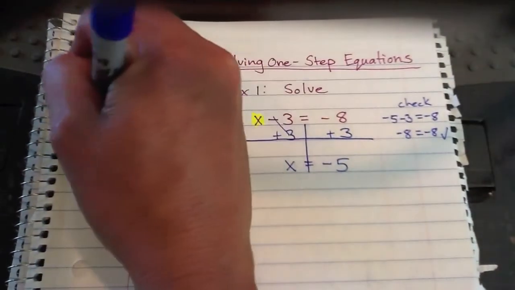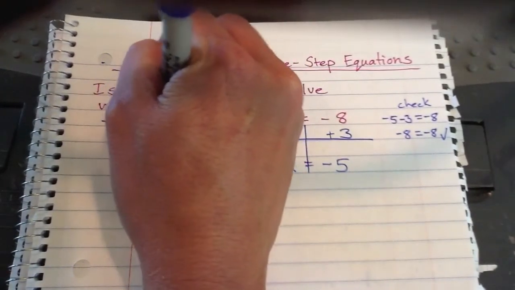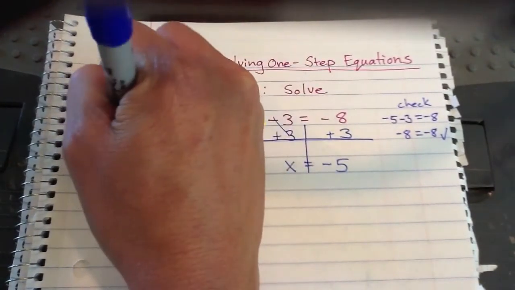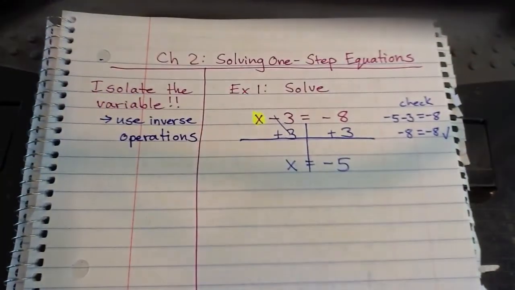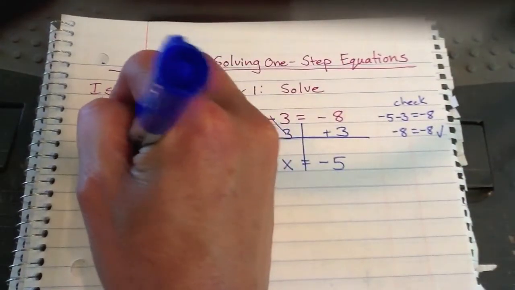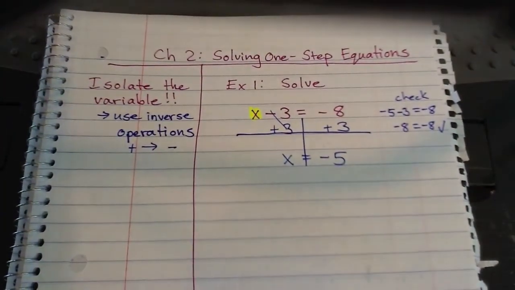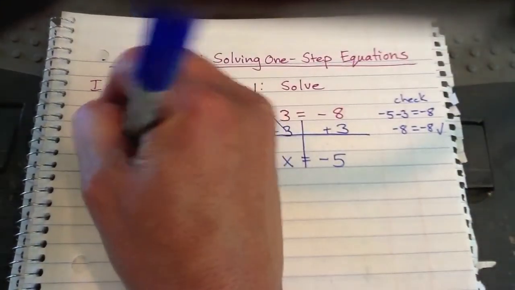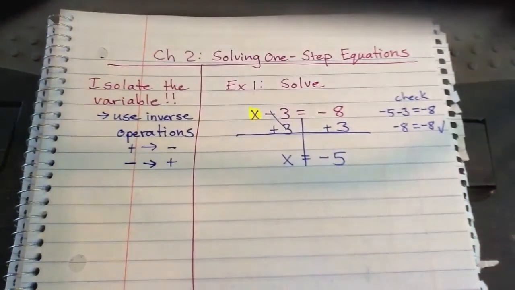And that's how you'll check those. So we isolate the variable by using inverse operations. We'll just do a quick review of that. Your inverse operations: if you're adding something, then you would use subtraction, or adding a negative if you want to think about it that way. If it's a negative, same thing, you would add the opposite sign, so you add a positive.